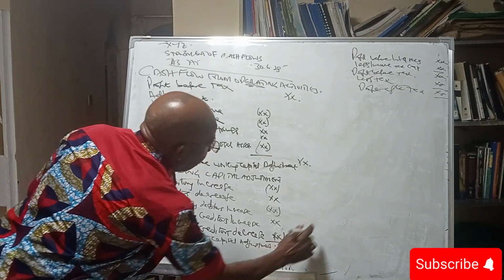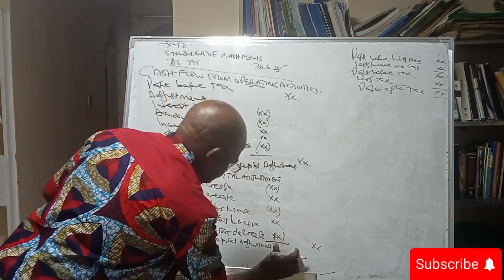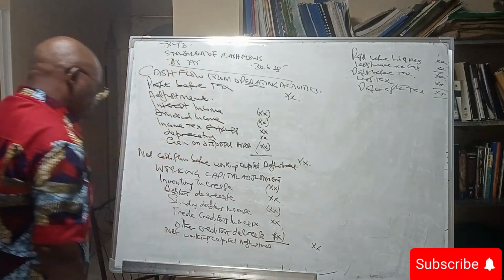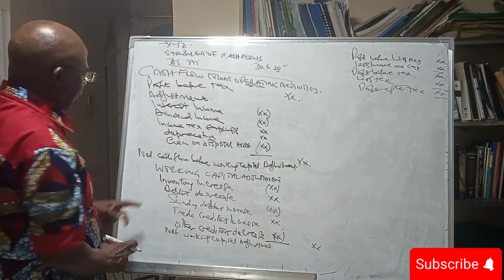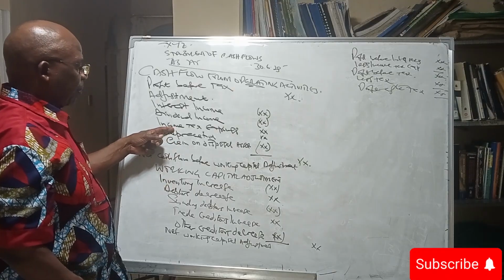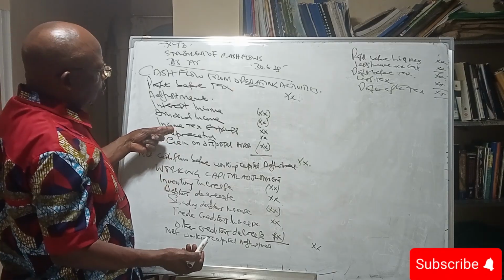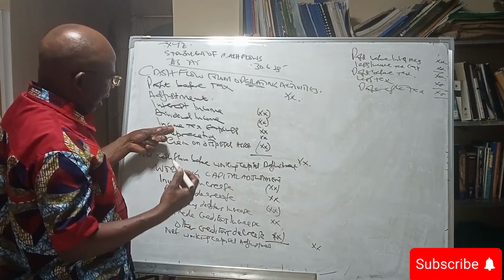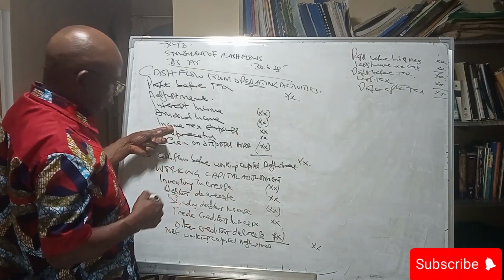We can actually take it there. Then we now deduct. We added back income tax expense, because we don't want to deduct what was incurred. We only want to deduct what was paid.